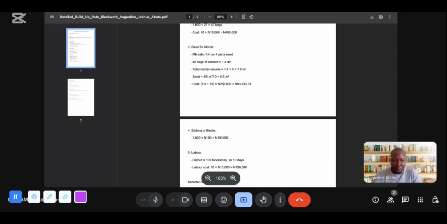It costs 250,000. So once you divide 5.6 by 15, and then multiply it by 250,000, it will give us 93,333.33. That's the cost of sand.